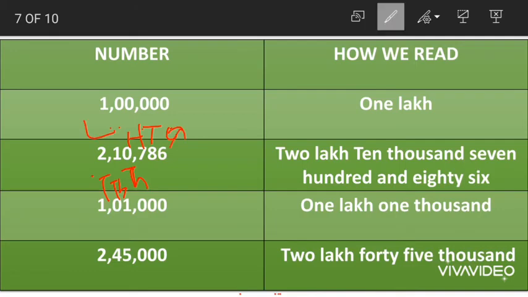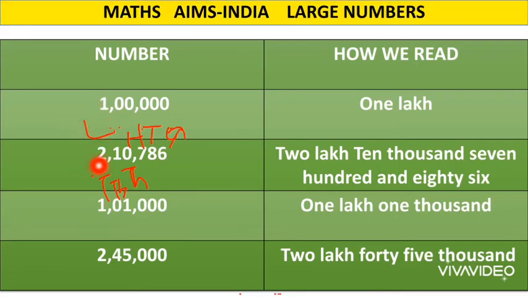Okay, children? Coming to the first digit, 2 is at lakhs place. So, we read it as 2 lakhs. 1 is at 10,000s place and 0 is at thousands place. Now, how can we read this? 10,000 and 1,000 fall into which period, children? They fall into the thousands period.